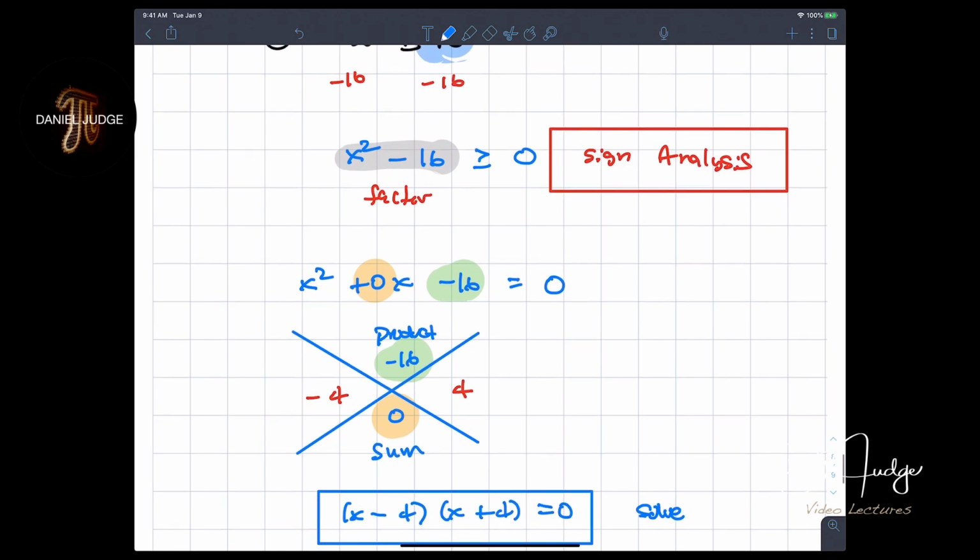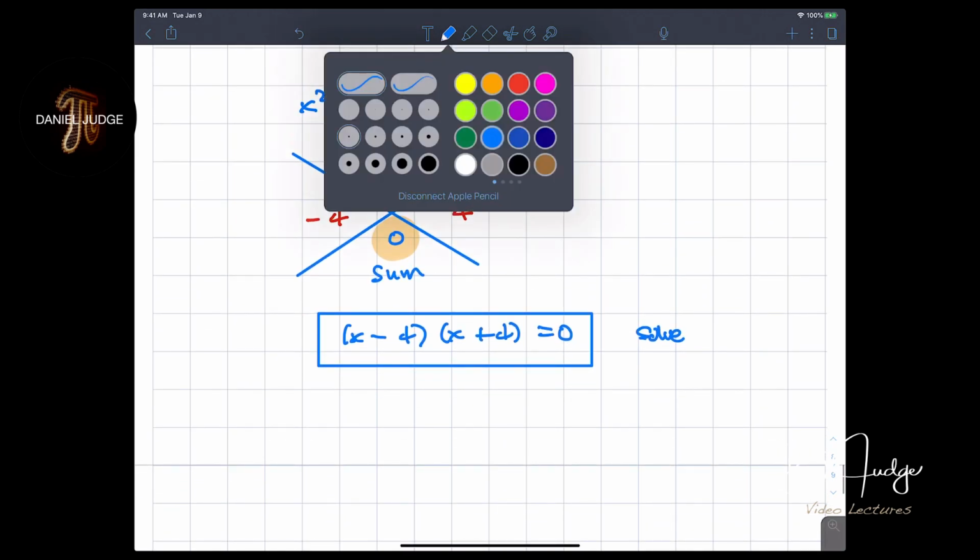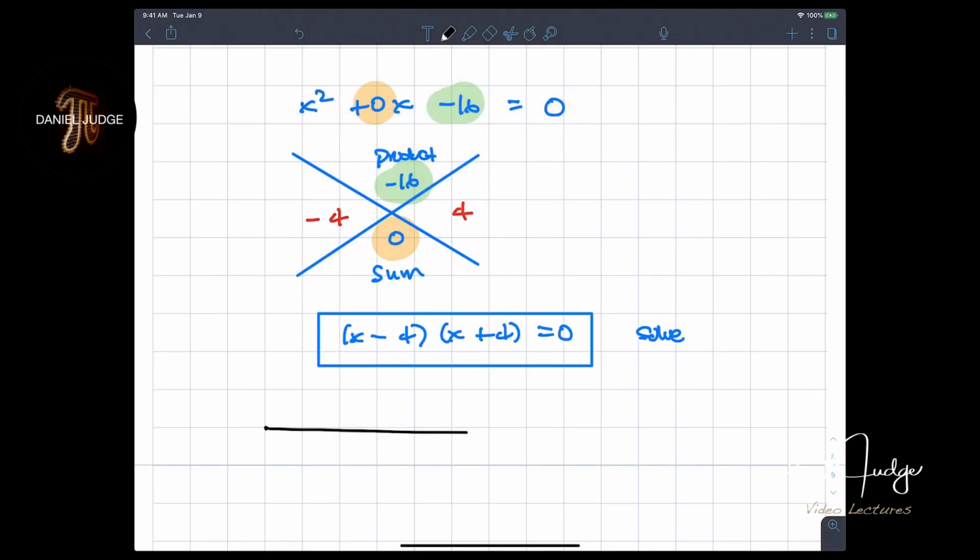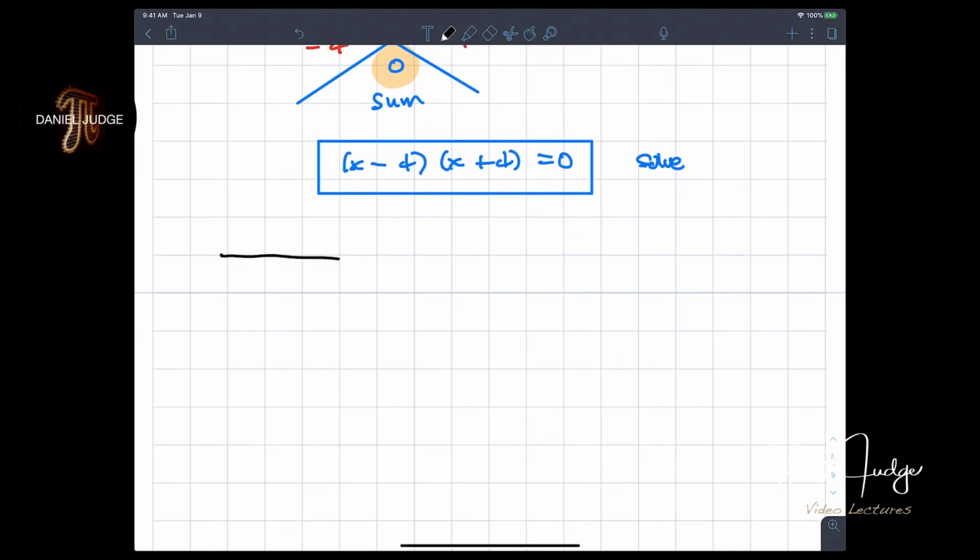I can even tell you what this will be. I can even give you the answer for this last one. The answer for the last one, they want to know where this is greater than or equal to 0. Here's your solution. You guys can verify this. And I guess we have to have a bigger line here. So for the last one, zero, 1, 2, 3, 4, maybe 4 here.